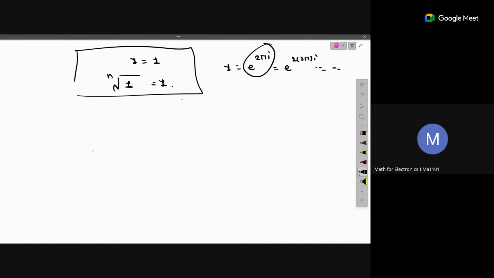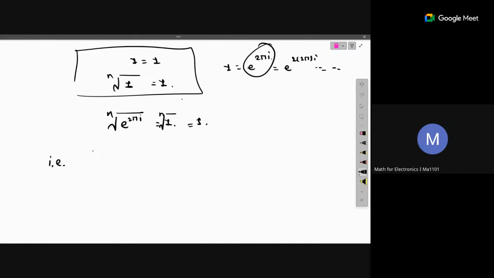So I'll take this quantity. As we did here, the same thing: we know that the nth root of, in place of 1, I'm replacing e to the power 2 pi i, is equal to 1. Is that clear now? This is the nth root of 1 and this is the same as 1. So ultimately we are getting 1 here.